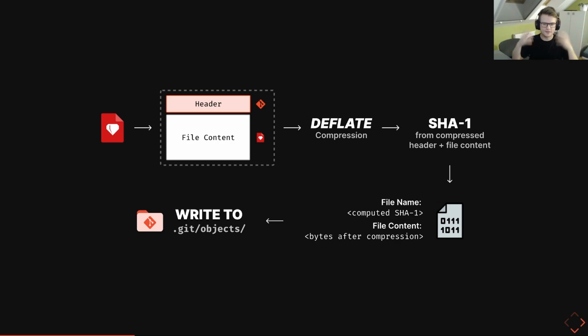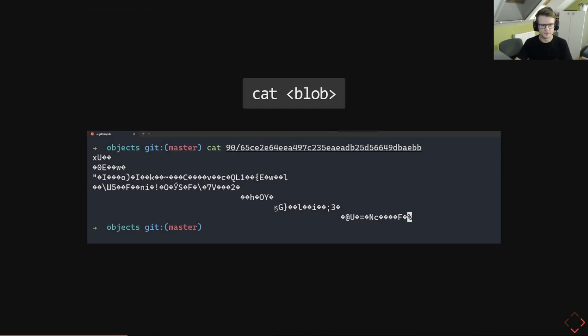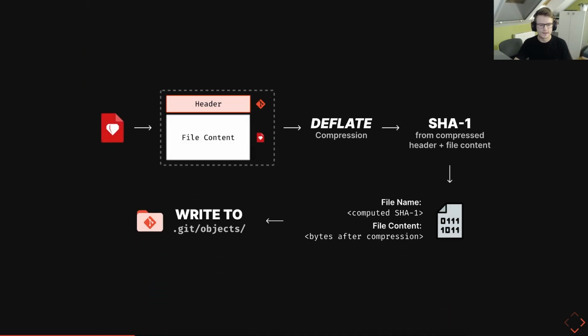The file content is the compressed content, those bytes which are the result of the deflate compression method, and that new file is then saved to the Git objects. That's why we cannot view the content of the file directly, because these are the compressed bytes from the deflate method.